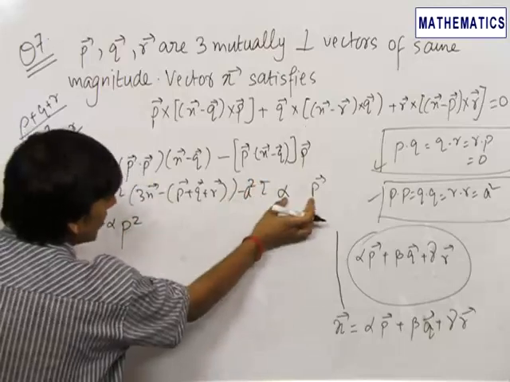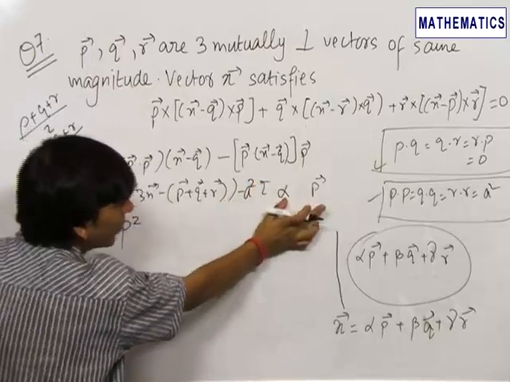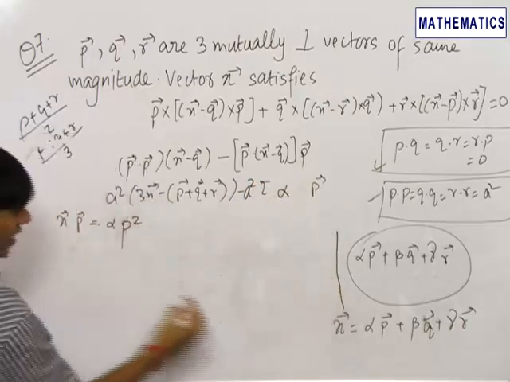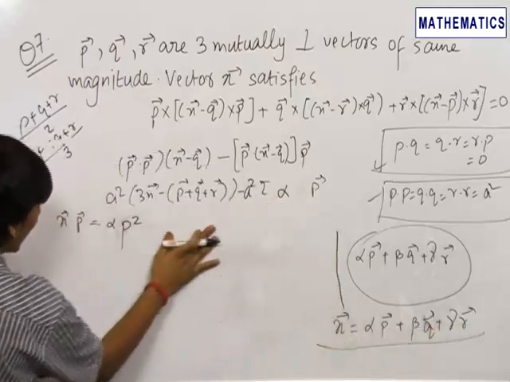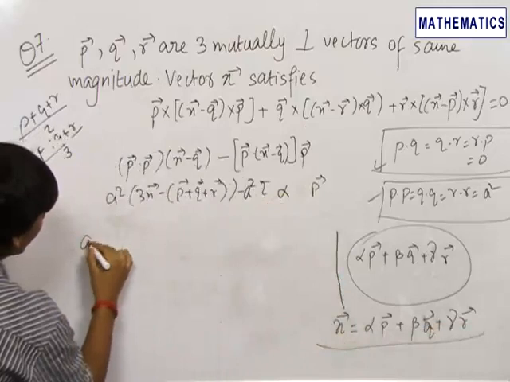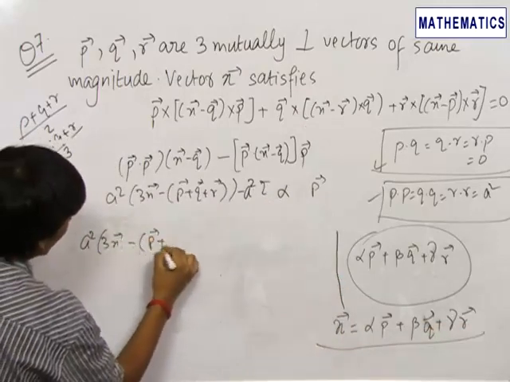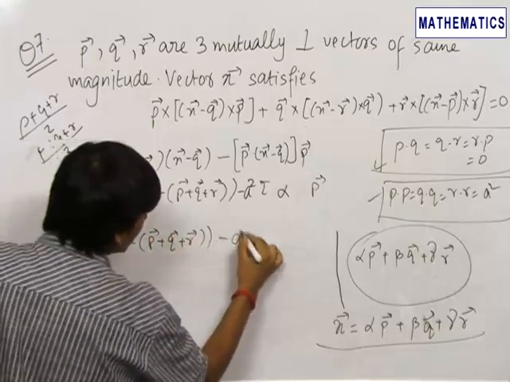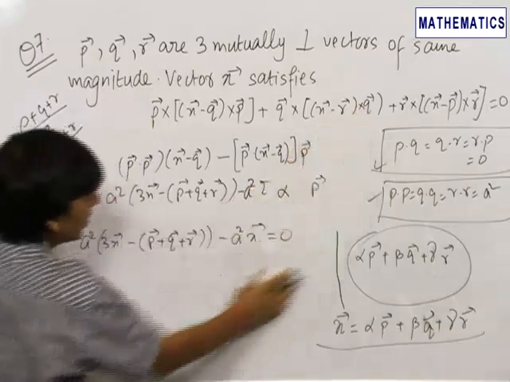Now, this summation becomes alpha times P vector plus beta times Q vector plus gamma times R vector, that is equal to x vector, because we had assumed x vector to be equal to this. Therefore, this term becomes x vector. Therefore, we can now write A square times 3x vector minus P vector plus Q vector plus R vector minus A square times x vector is equal to 0, because this quantity was given to be equal to 0.